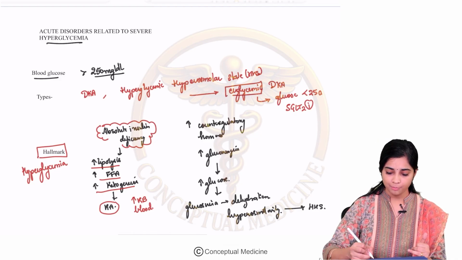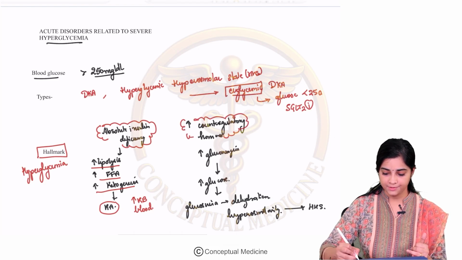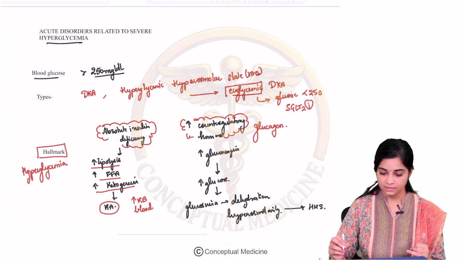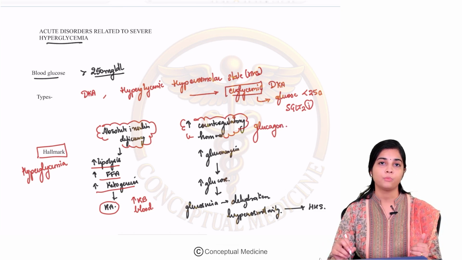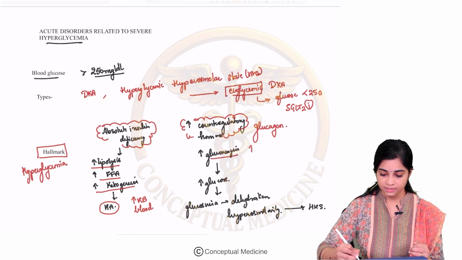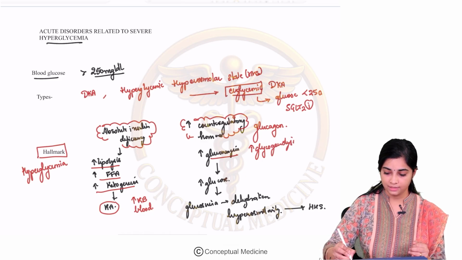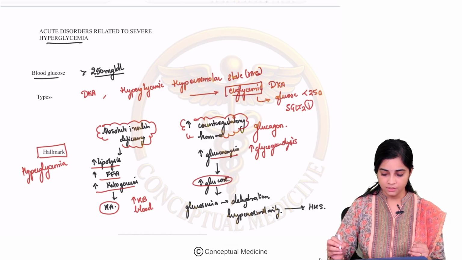blood. Apart from this, there is an unbalanced increase in the counter-regulatory hormones, which is your glucagon, and hence there is increased gluconeogenesis and increased glycogenolysis, and the net effect is that there is increased glucose in the blood.